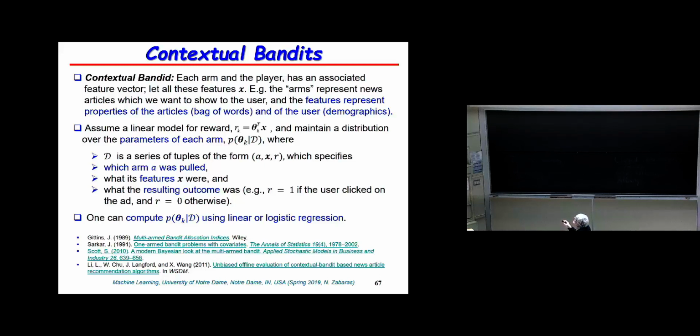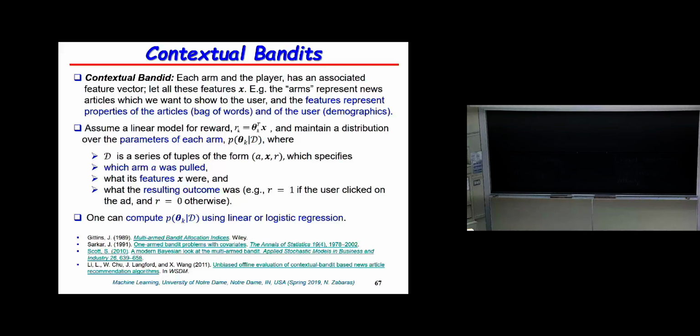So what we have here is data that involve actions, where the action is what machine you're going to pull down, what bandit you're going to pull down. X is the features of both the machine and yourself. This is, for example, all the information Google and Facebook collect on you. And R is the reward.